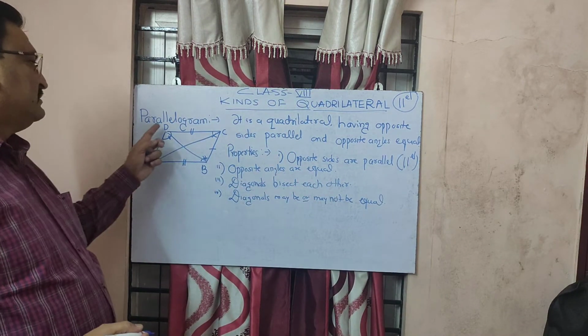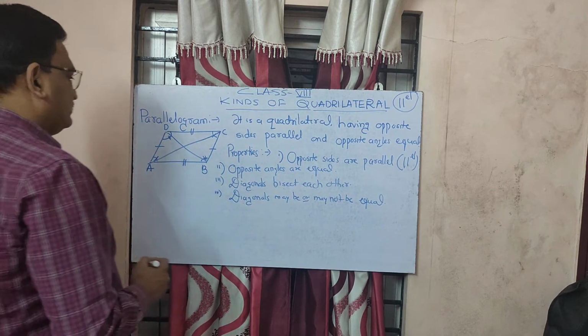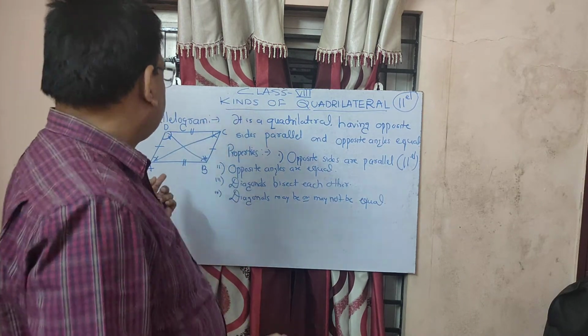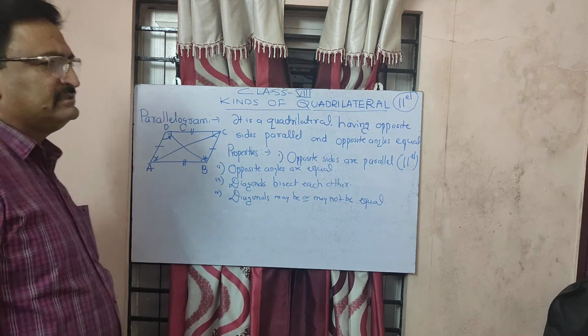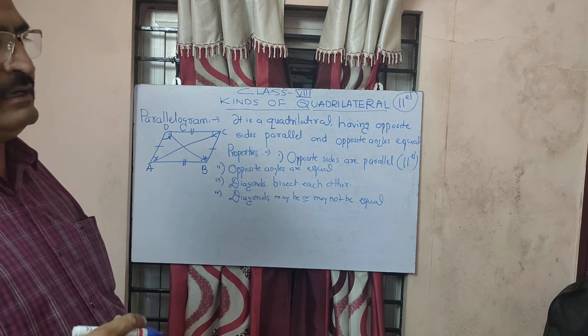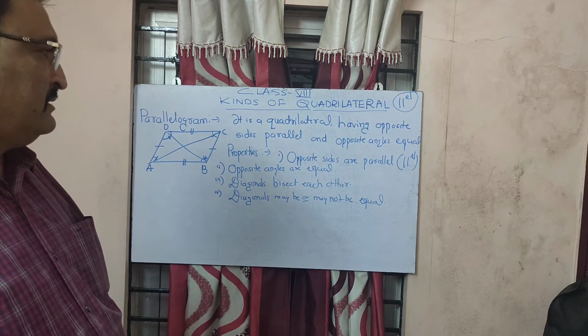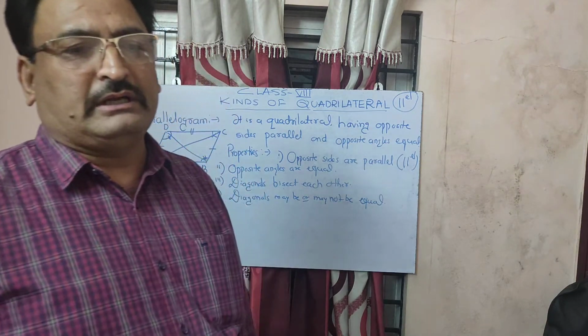Sometimes the diagonals may be equal and sometimes they may not be equal. In this figure you can see the diagonals are not equal, and in some figures the diagonals are equal. I will tell you when they will be equal. Okay, this will be the fourth property.